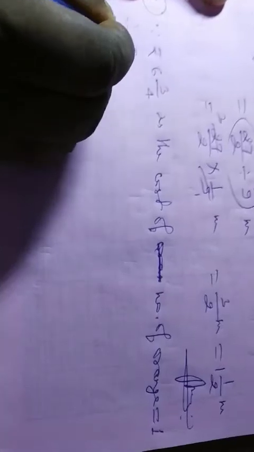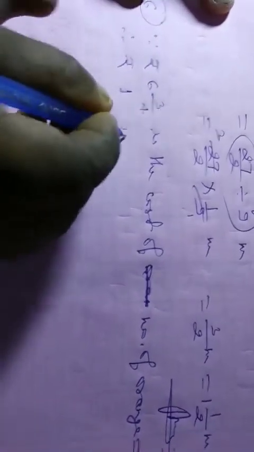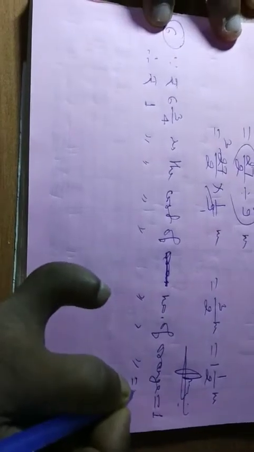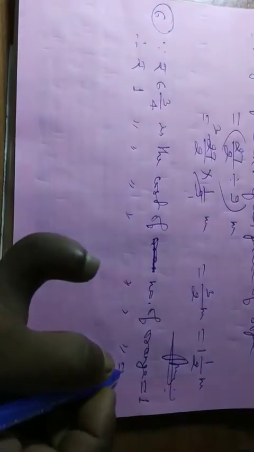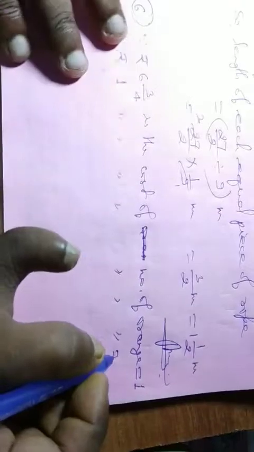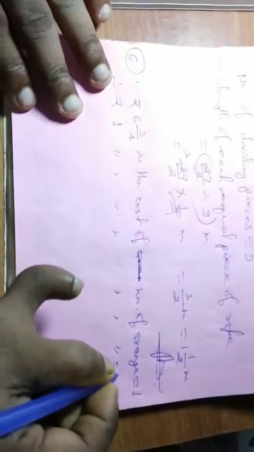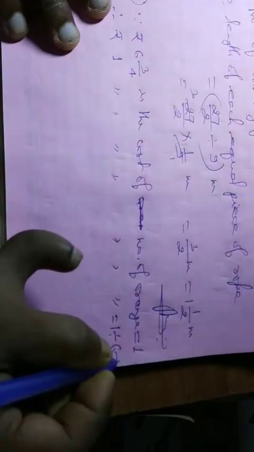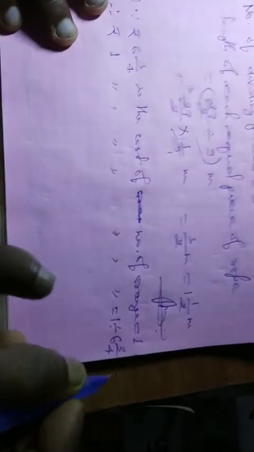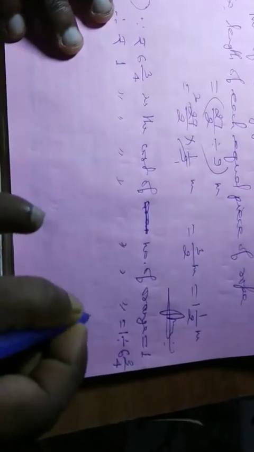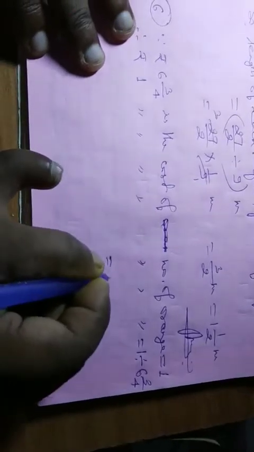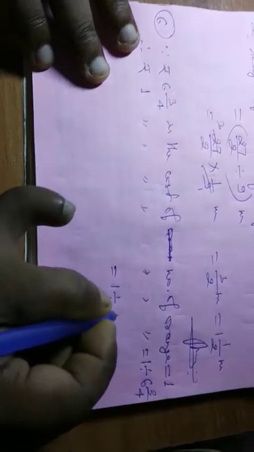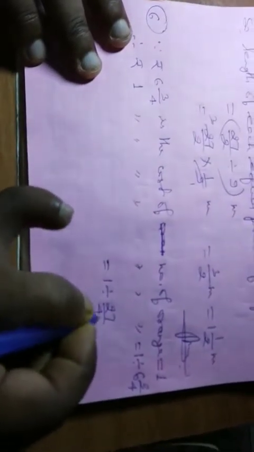Therefore, rupees 1 is the cost of number of orange is equal to 1 divided by 6 whole 3 by 4, is equal to 1 divided by 6 4 is 24 3 27 by 4.